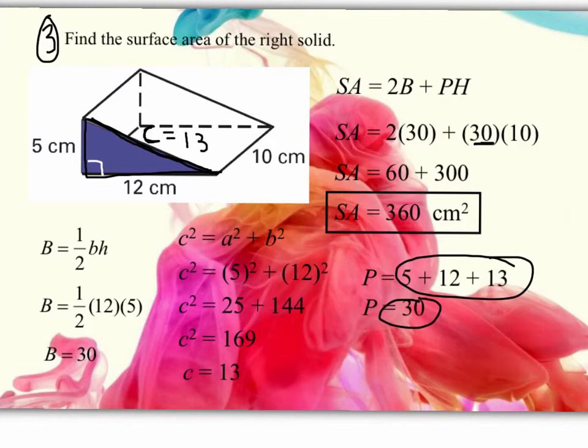So that goes in right here. And I multiply that by the height, which is 10 of this shape, which is right here. Remember, this would be the height if this was on the right side. Then I add those two numbers together, and I get 360 centimeters squared for the surface area.